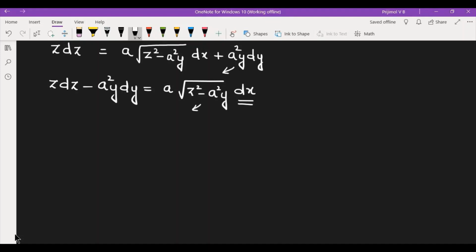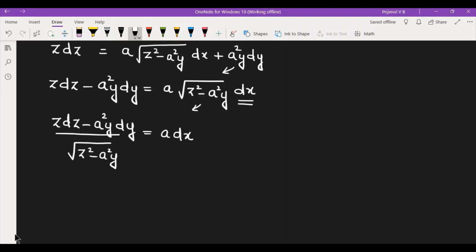So I bring this term to the left hand side. So (z dz minus a square y dy), the whole divided by root of z square minus a square y square, is a dx.